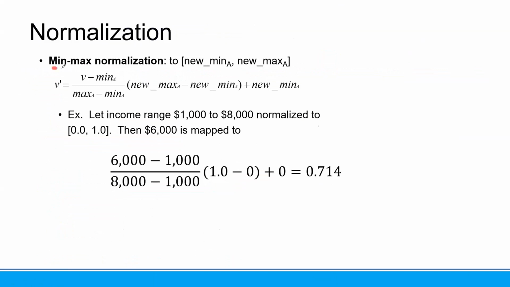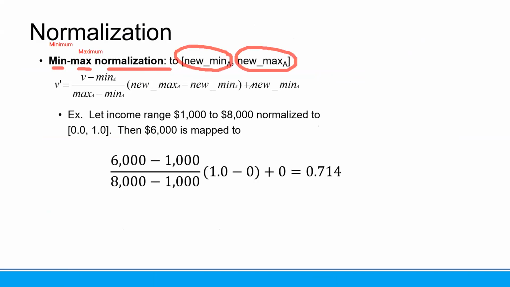We have min-max normalization. Min is the minimum. Max means the maximum. So if we want to normalize a numerical value, we need to check which one is the minimum and which one is the maximum, and we can map them to the new minimum value and to the new maximum value.